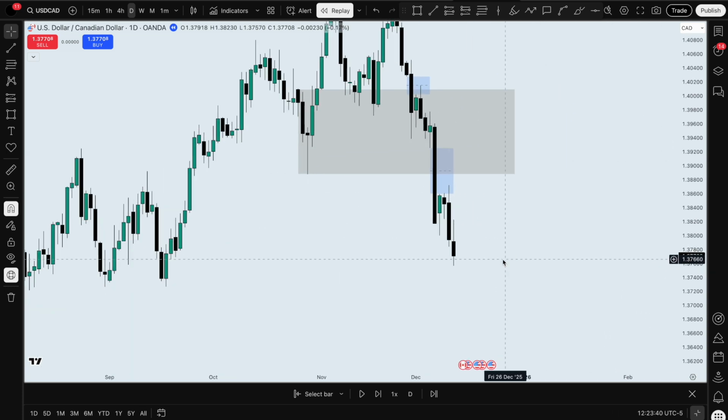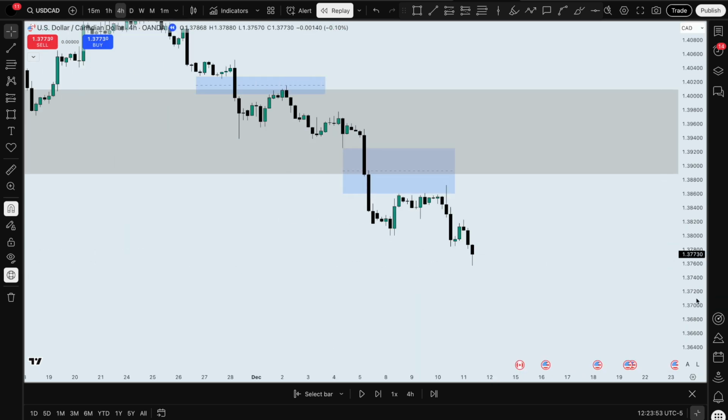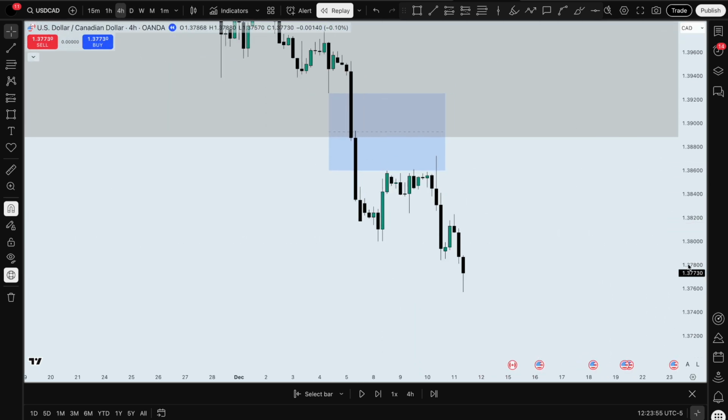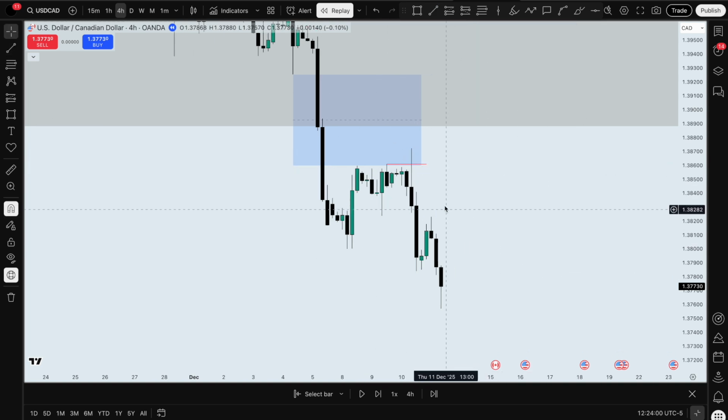We can see here that price created a range, so from range high to range low, we went back up into internal range liquidity, took out external, and if we drop down to the 4 hour time frame, low stop run here, price creates another range from range high to range low. Okay, so range high to range low here, price left a fair value gap here.